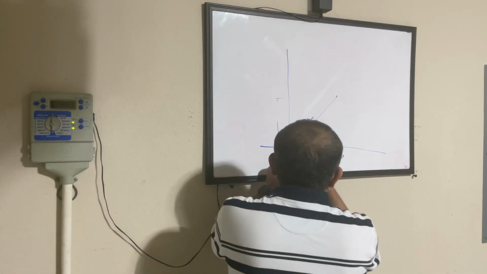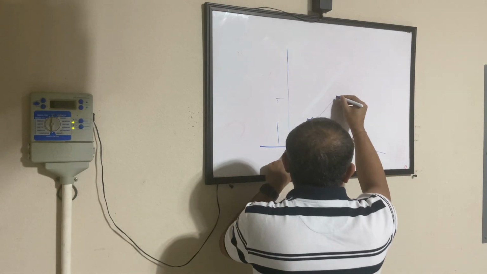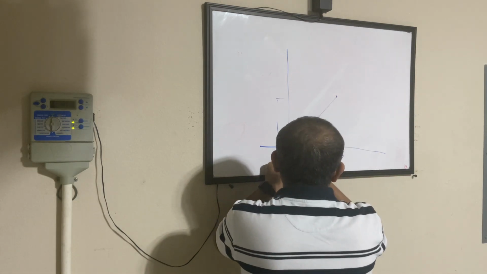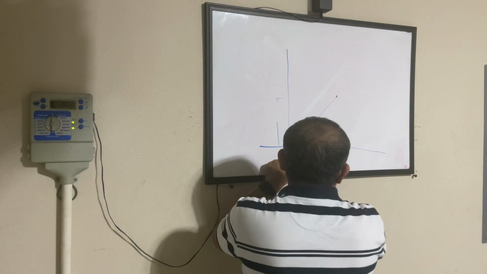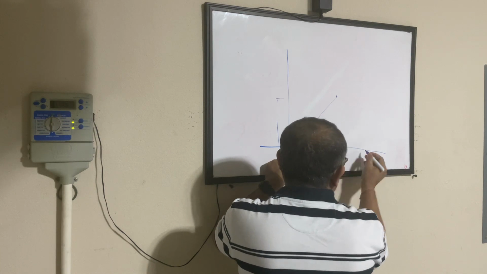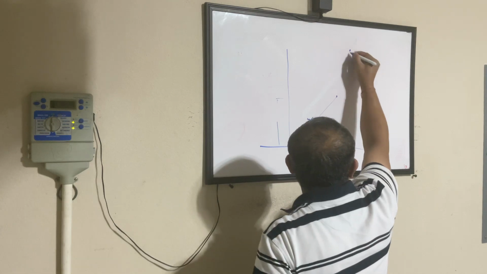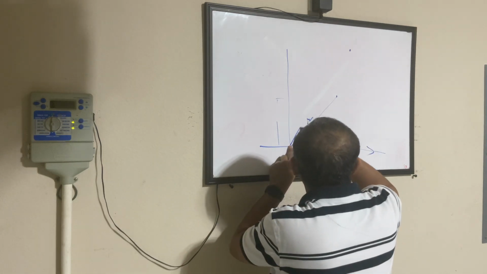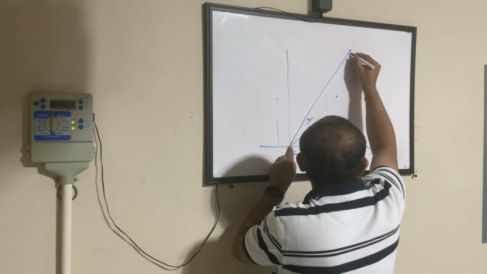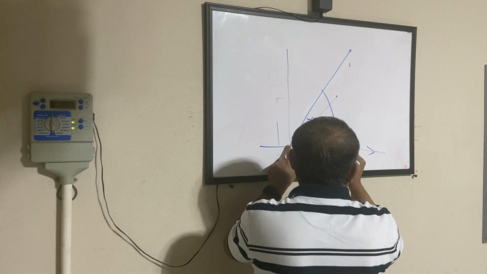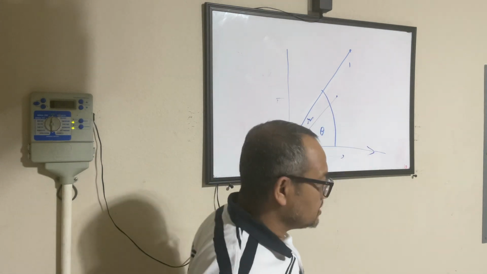So for this point's polar coordinates, you say, this is the distance from the origin, and this is the angle that it makes with the positive x-axis. For this other point's polar coordinates, you'll say, this is the distance from the origin, and this is the angle that it makes with the horizontal x-axis.